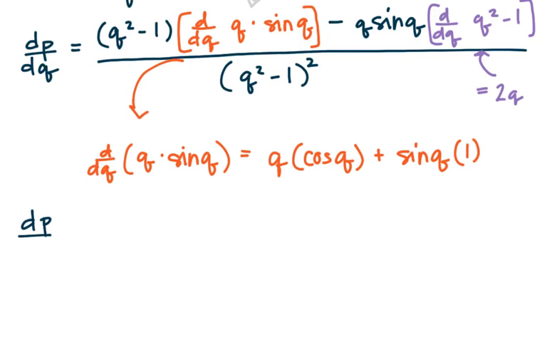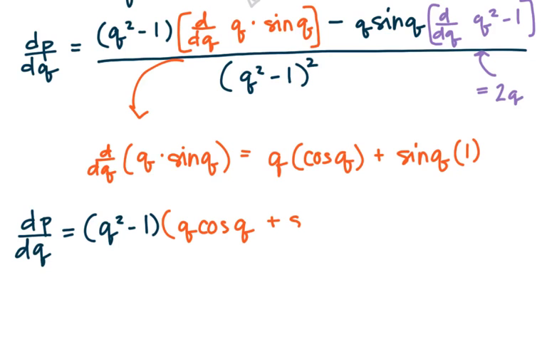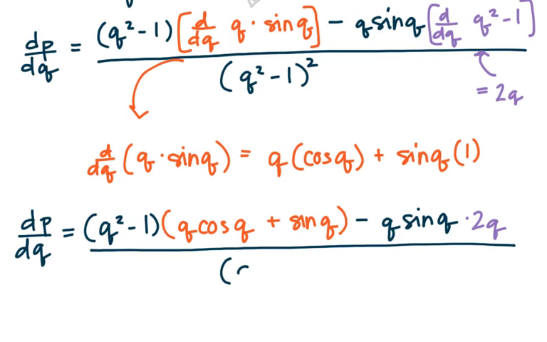So I have dP dQ equals Q squared minus 1 times this derivative, which turned into Q cosine Q plus sine Q, minus Q times sine Q times 2Q, all over the quantity Q squared minus 1 squared.